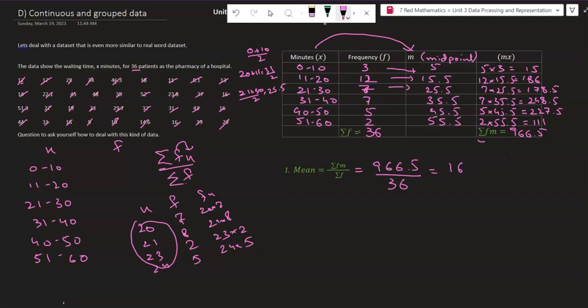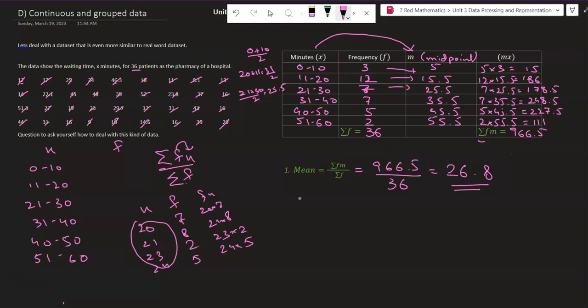Oh, sorry, I calculated it wrong. Let's just drop this and write the right value. And the right value is 26.8. And this is the mean of continuous grouped data.